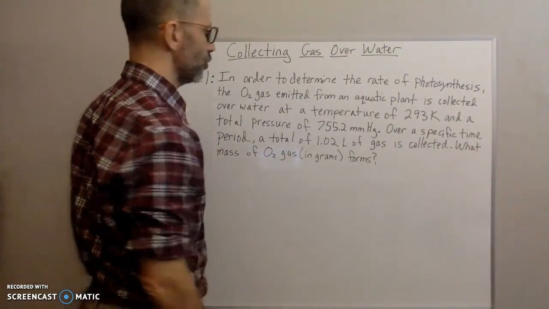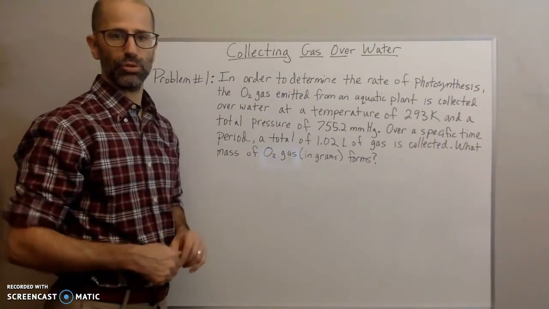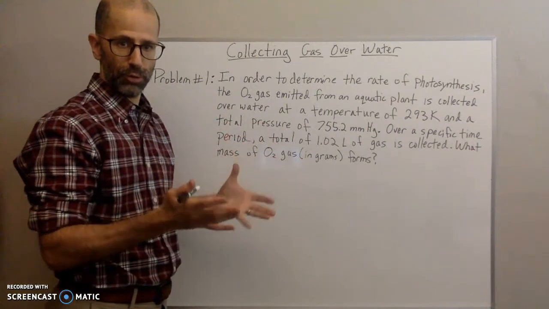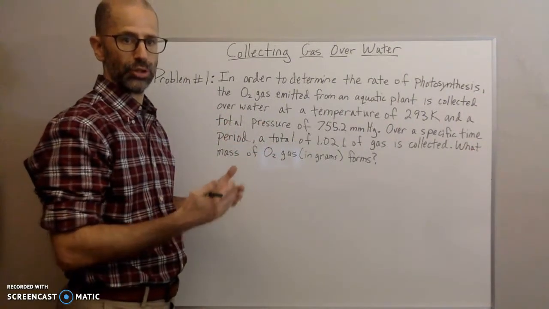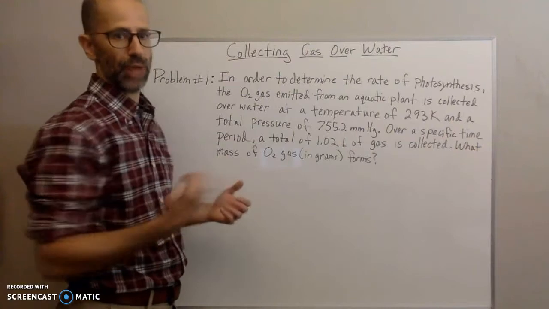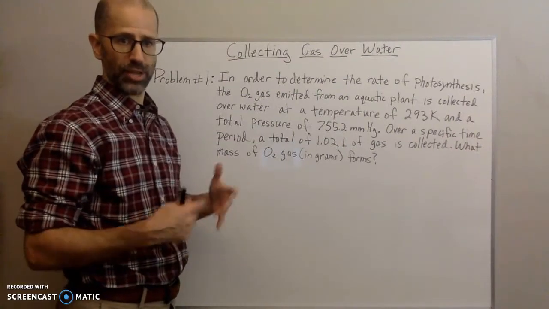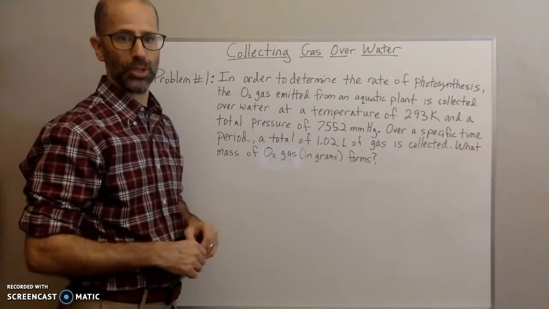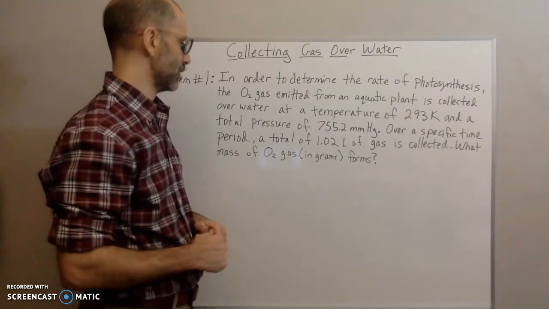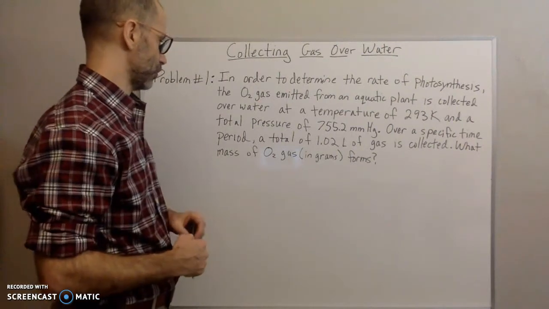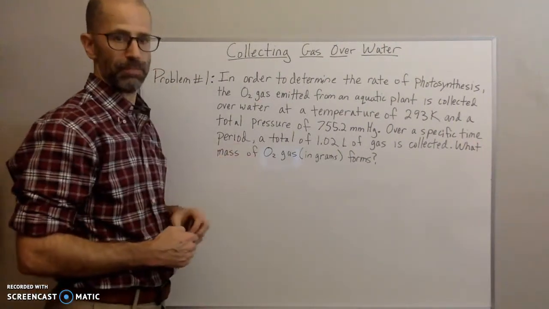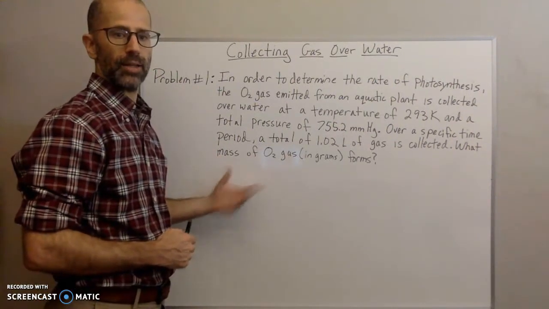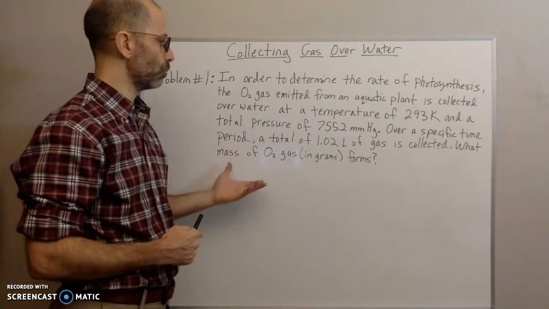What you need to do is pay attention to Dalton's law of partial pressures. The total pressure of whatever you collected is going to include the pressure due to the water vapor, so you've got to subtract that out. Usually there's a table that tells you the partial pressure of the water vapor at that particular temperature, so you look it up in the table and subtract it from the total pressure that they gave you.